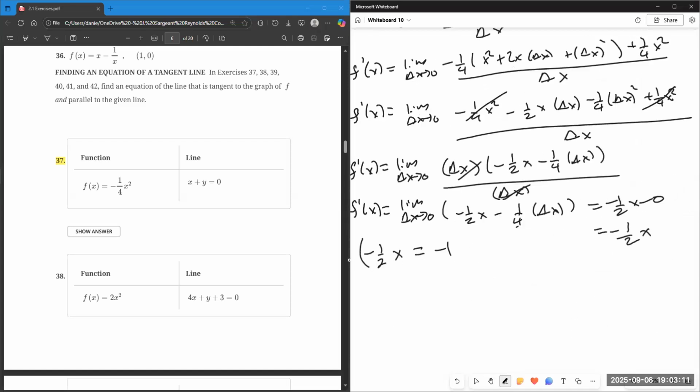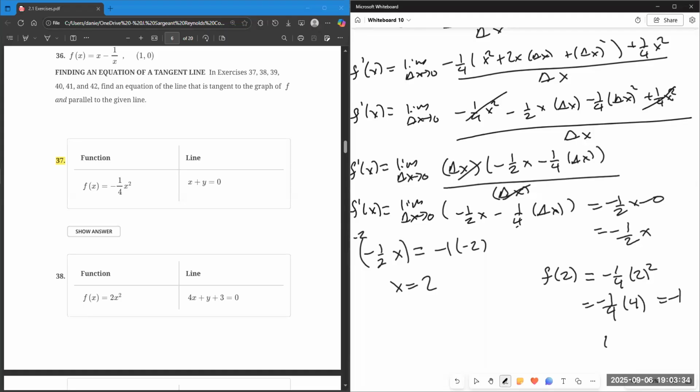So I'm going to multiply both sides by negative 2, and I get x is equal to positive 2. So f of 2 is going to give me negative 1/4 times 2 squared, which is negative 1/4 times 4, which is negative 1.